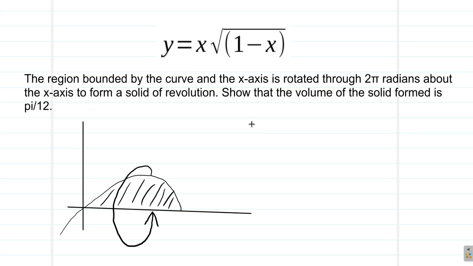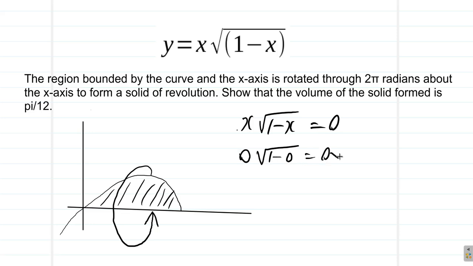Remember, the x-axis is where y equals 0. So we could say x times the square root of 1 minus x equals 0. Where does it equal 0? Well, here we could consider it and say x might be 0, or x might be 1, because guess what? If x is 0, then we have 0 times the square root of 1 minus 0, which is 0 times 1, which is 0.